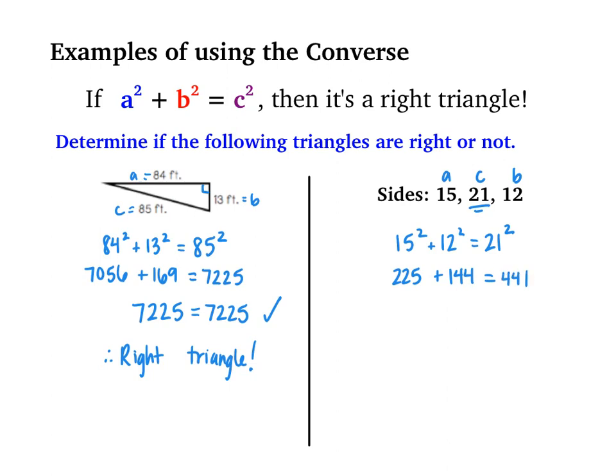Looking here, I'm going to add together 225 plus 144, and that gives me 369, which is not equal to 441. Therefore, I know that this is not a right triangle because it does not satisfy a squared plus b squared equals c squared. So that's how you test using the Pythagorean theorem if a given triangle is a right triangle or not.